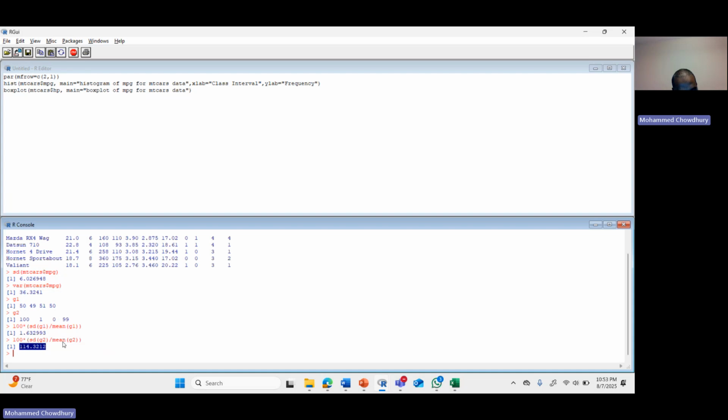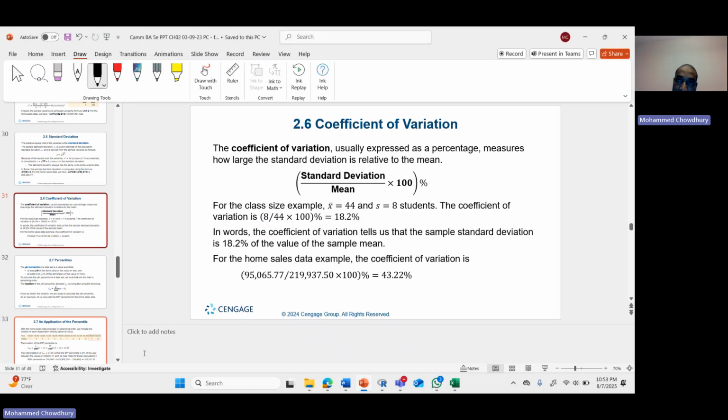So here we are using the same mean, but the variance is different. So if I ask you in the question to give an explanation or a short definition of coefficient of variation, then you will have to explain that coefficient of variation expresses standard deviation in percentage with respect to its mean. So that's the explanation.